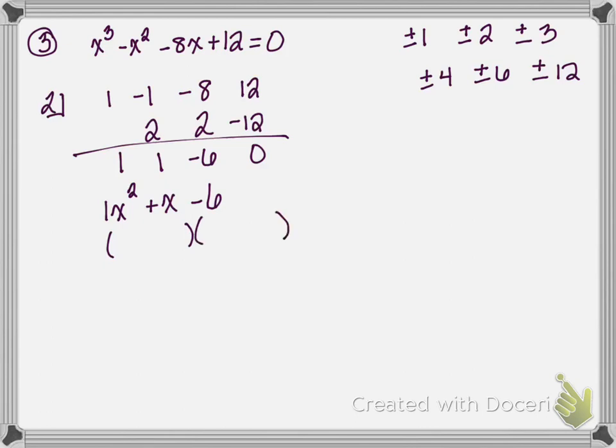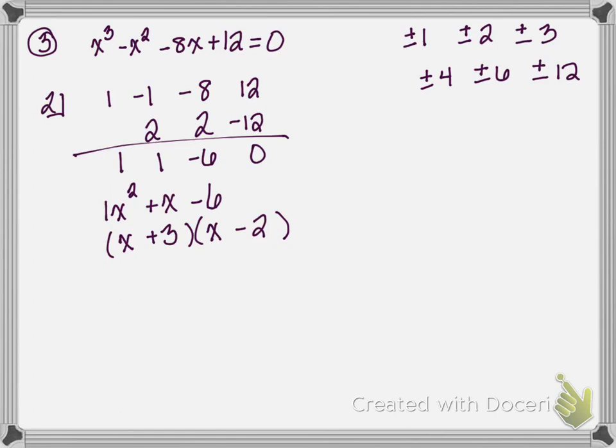Which one's positive and which one's negative? Positive 3, negative 2. It is positive 3. Why? Because positive 3 plus negative 2 is 1. Good. Your sum is 1, and your product is -6. Now, what would be really easy for me to forget?